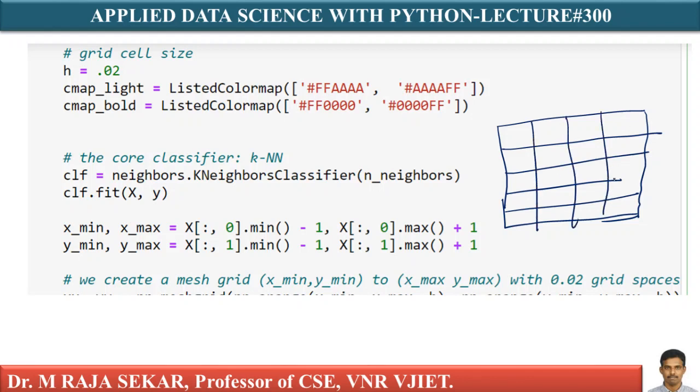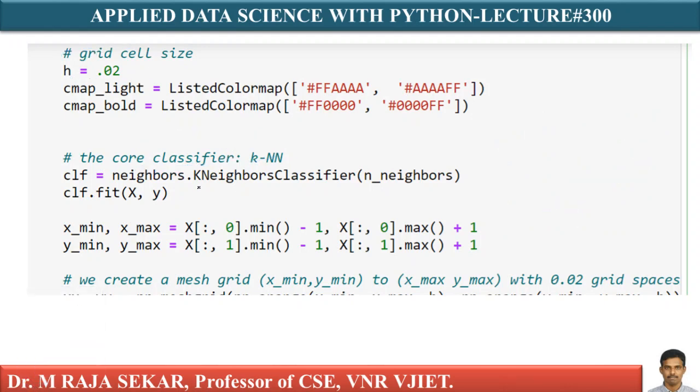Here it says h equal to 0.02. What does it mean? This is the grid width. This particular grid width is 0.02, and given each point, I am building a k nearest neighborhood classifier. This is the core classifier, which I already discussed.